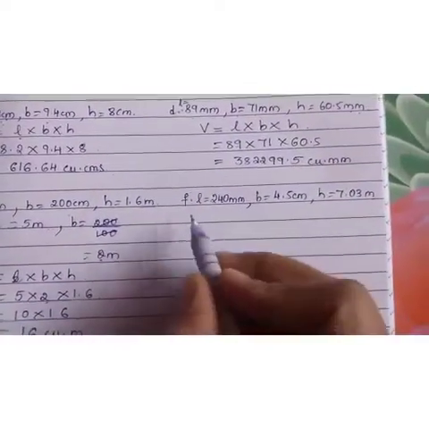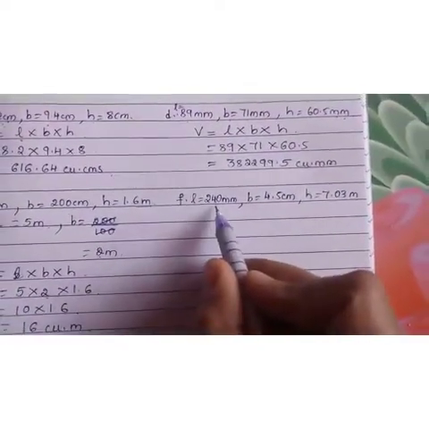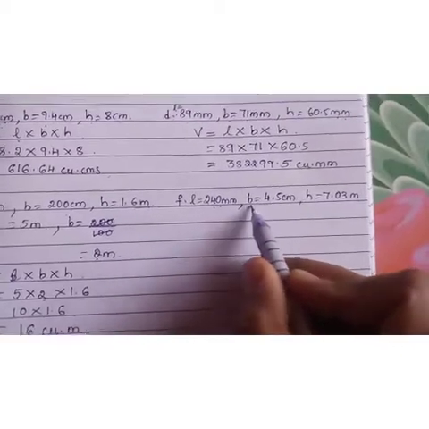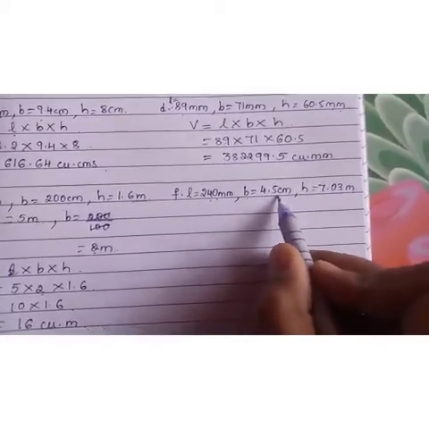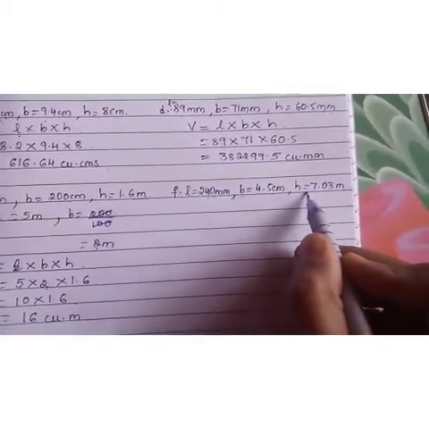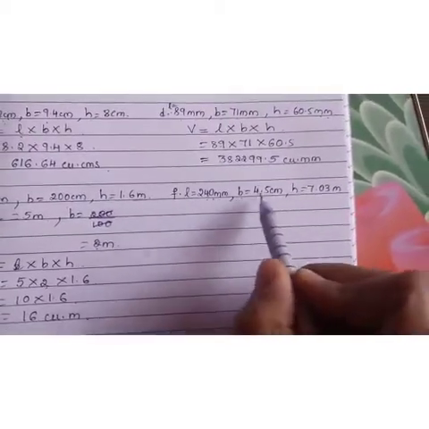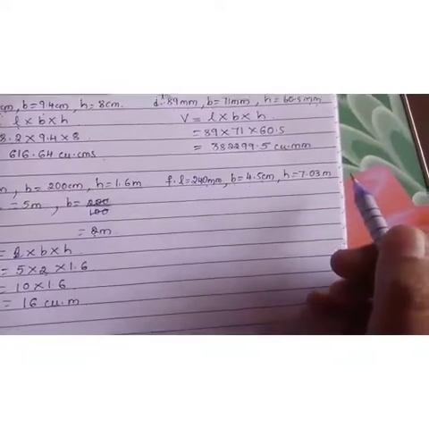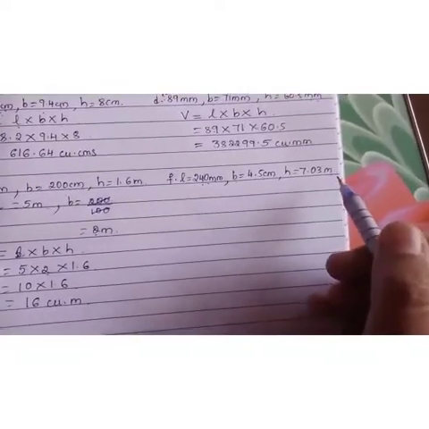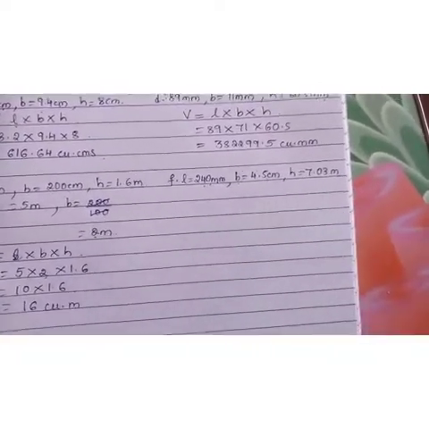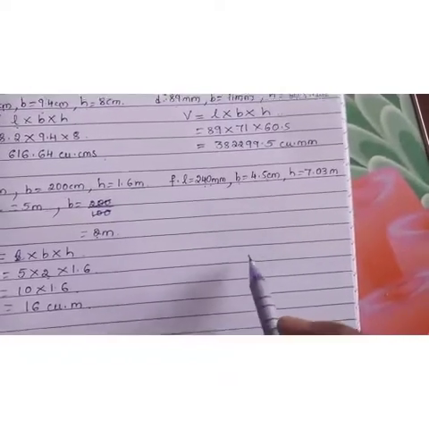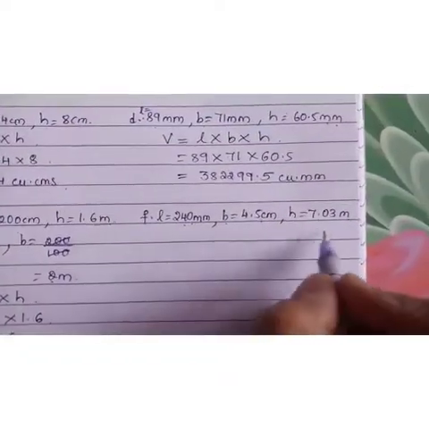Next we have question F. L is equals to 240 millimeter, breadth is equals to 4.5 centimeters and height is equals to 7.03 meters. Now here all the three units are different. So what we will do, we will convert all these into centimeters.